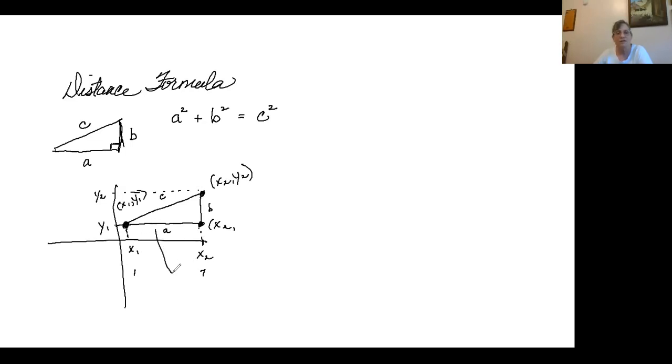So the distance here is going to be the difference of the two x values. The length of this side is going to be the distance between these two y values. So you just subtract them. So in place of a squared plus b squared equals c squared, we know that a is going to be x2 minus x1, so we're going to square that.